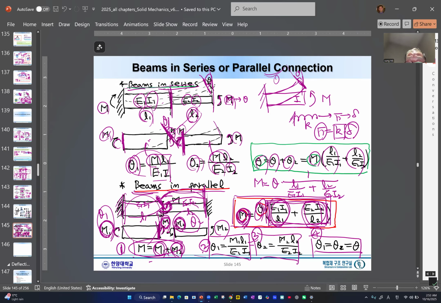And same here, this is a force and this is deformation, this is the stiffness. This is the moment, the same as this one. This is a moment, and this is a deformation, and this is the stiffness. So depending on whether it is series or parallel, as you can see, we can get the stiffness. We can get how much angle, in this case the theta, where we apply the moment.